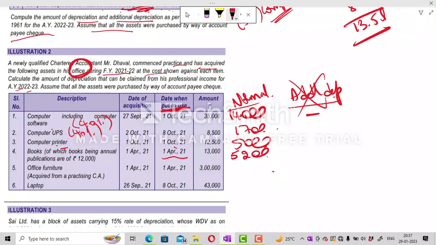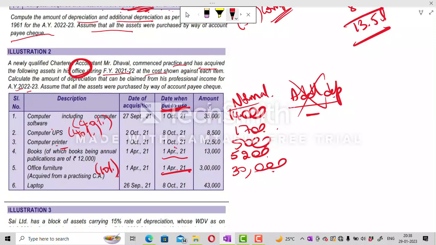Office furniture acquired from practicing CA. See, office furniture should be depreciated at 10%. For furniture it is 10%, no, and it is put to use on 1st April 21, means you use it for more than 180 days. 3 lakh into 10% will be 30,000.